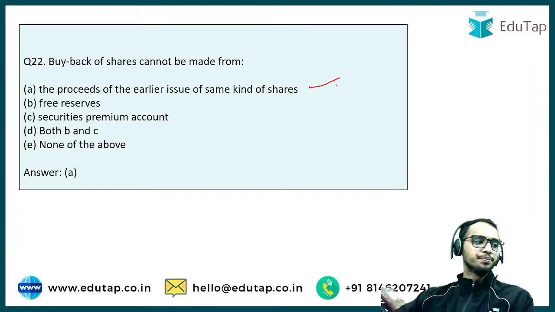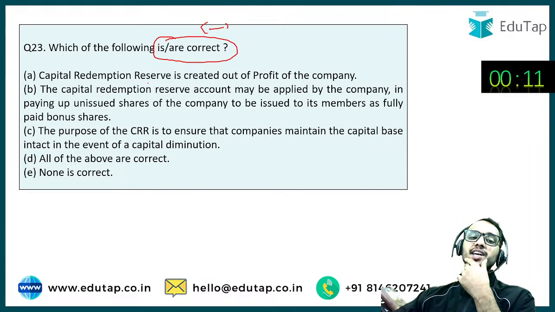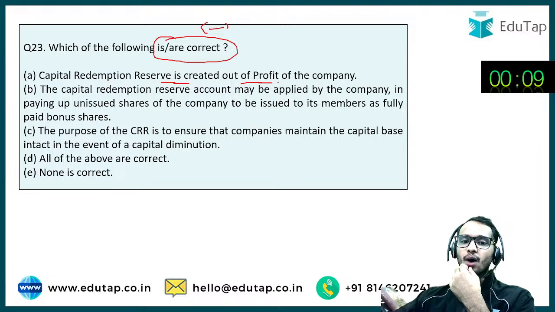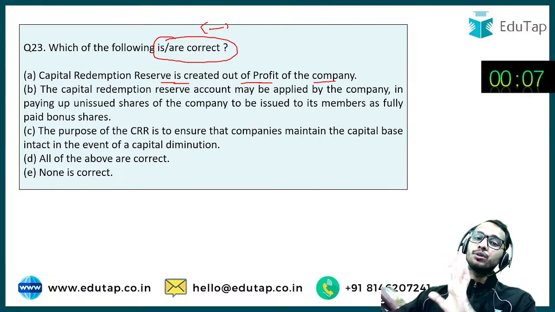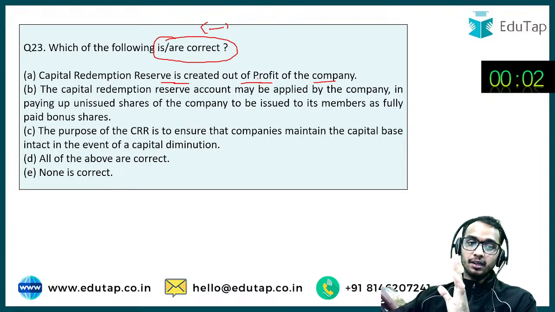Very, very good. Now, question number 23. Which of the following is or are correct now? Okay, again you have to give me the answer. Capital redemption reserve is created out of profit of the company. I'm not going to tell you is this correct or not. You have to tell me.